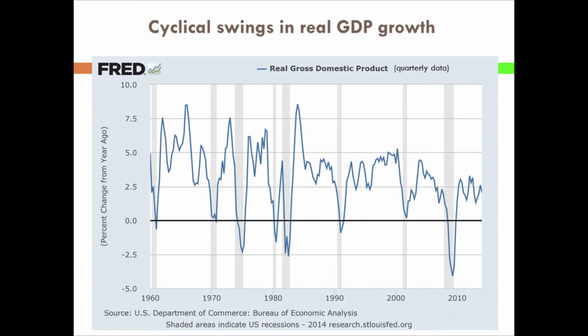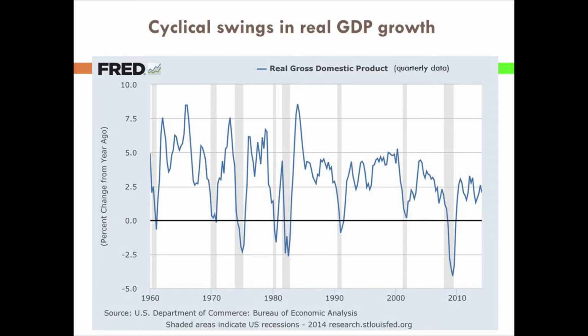And growth bounces back up into the positive range, but look, it doesn't get above 3%, which is quite low for a recovery. 3% used to be the average. If it's the maximum that you get in a recovery, then your average is going to be a lot lower than that. And sure enough. We're not seeing the 7.5% bounce, or at least above 5%, that you see after the other shaded areas. Those are the recessions.